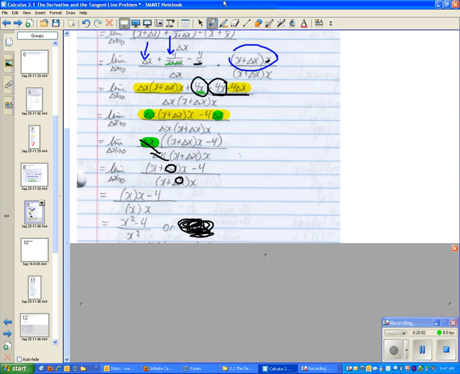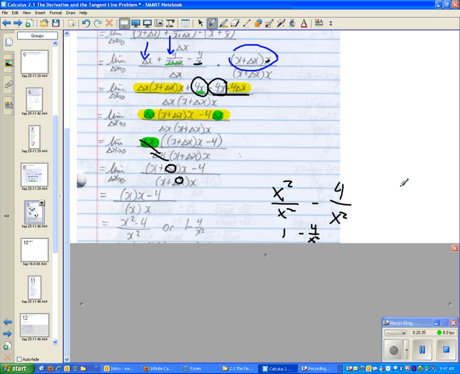Now, a lot of times our book will write the answer like that. You see what they did? I don't particularly like it that way, but what they did is they took the x squared minus 4 over x squared and wrote it as x squared over x squared minus 4 over x squared, and then that becomes a 1.